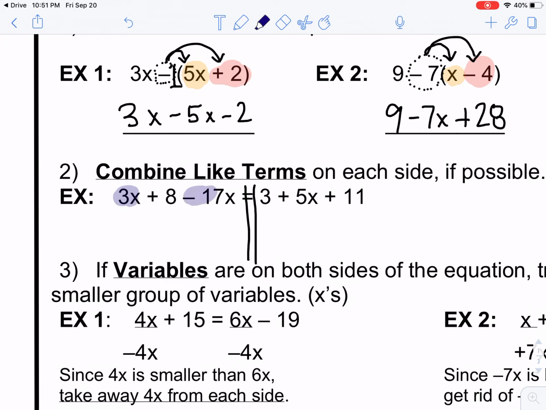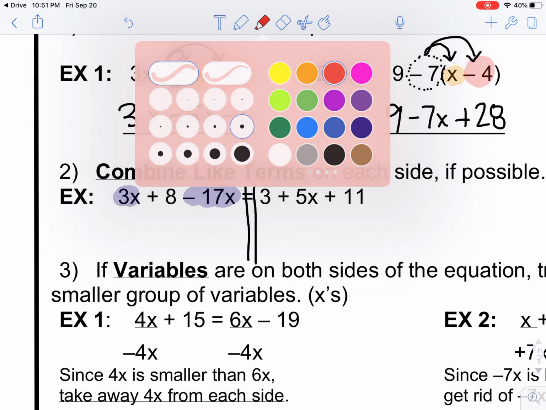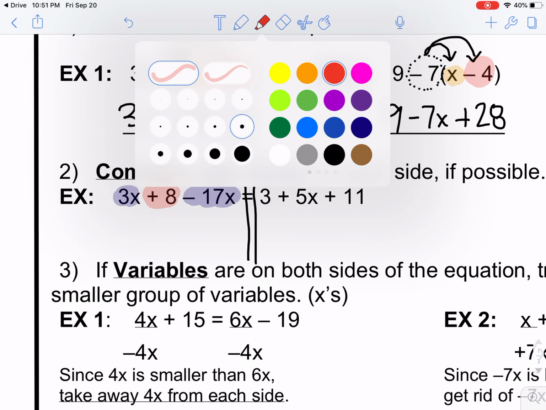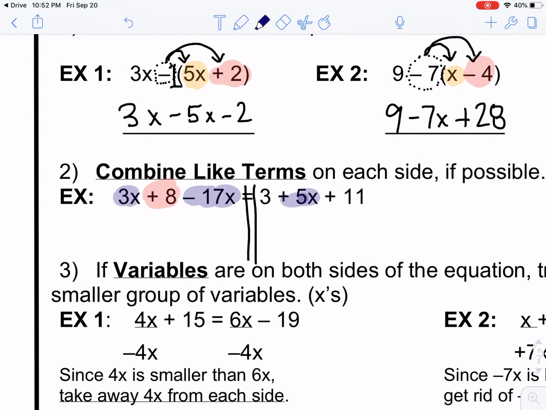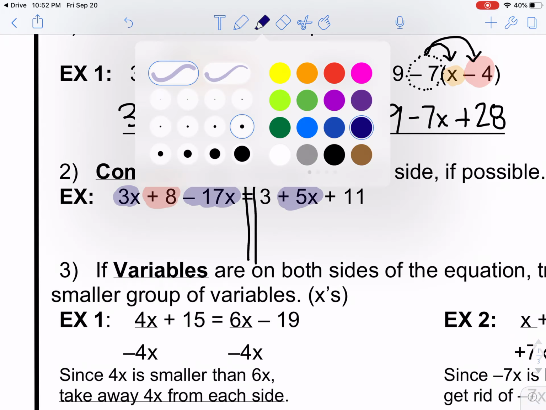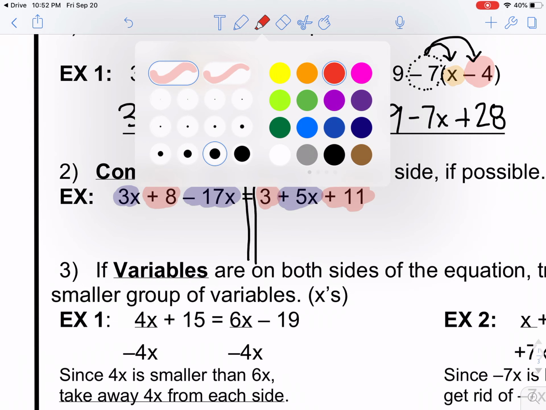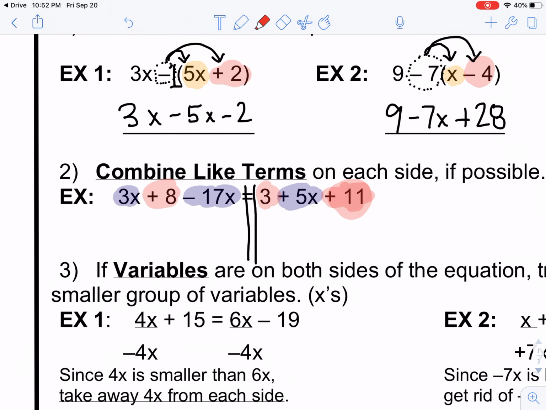So we have 3x minus 17x and plus 8. On the right side, we have 5x and then 3 plus 11. That's a lot better. Okay?